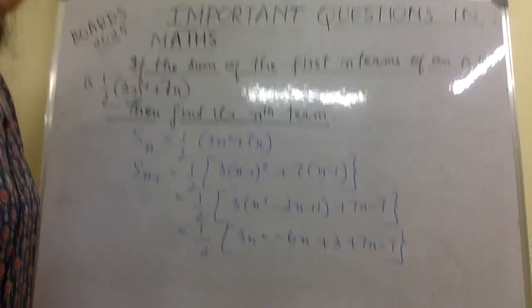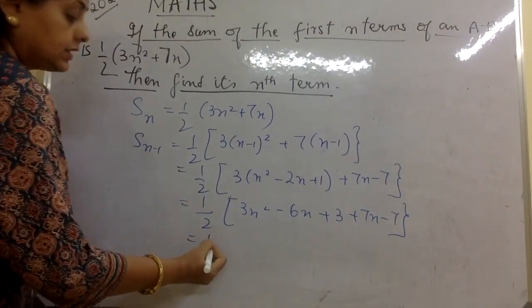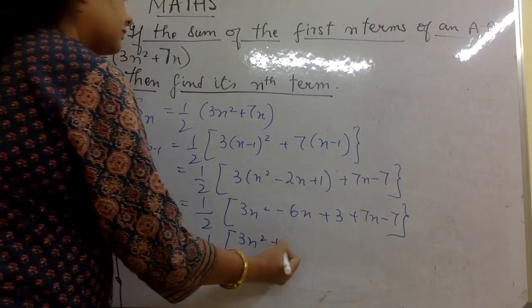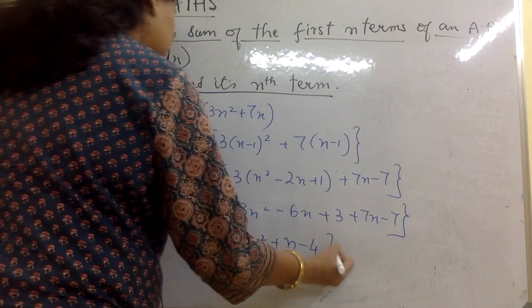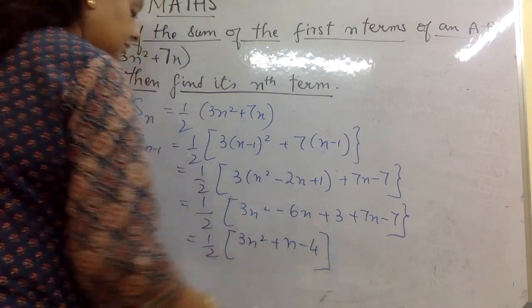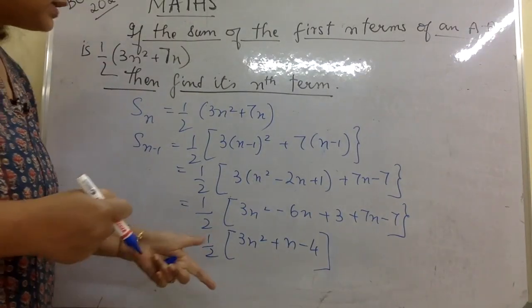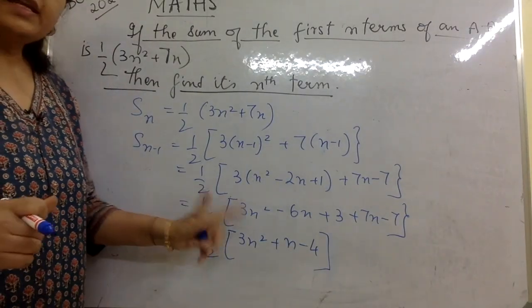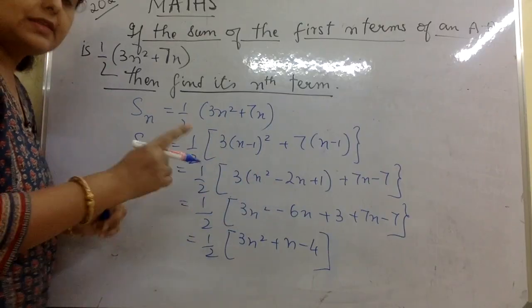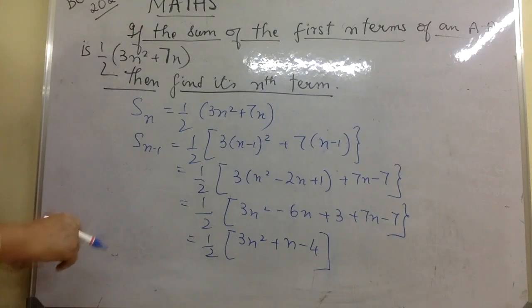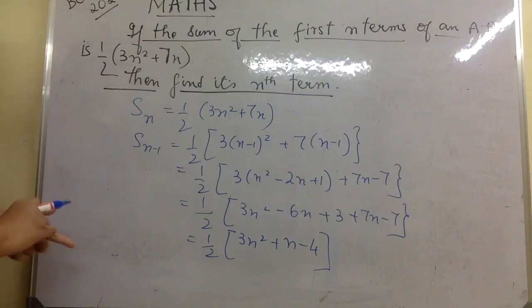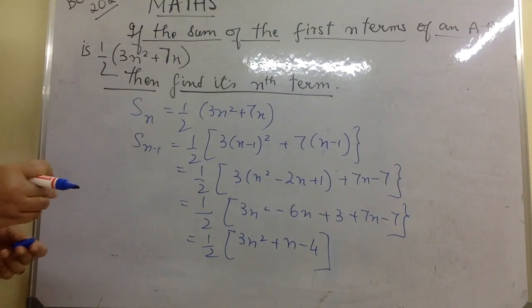That gives me the sum till the n minus 1th term. How do I find the nth term then? Actually, the nth term will also come in terms of n. So let me quickly find the nth term.